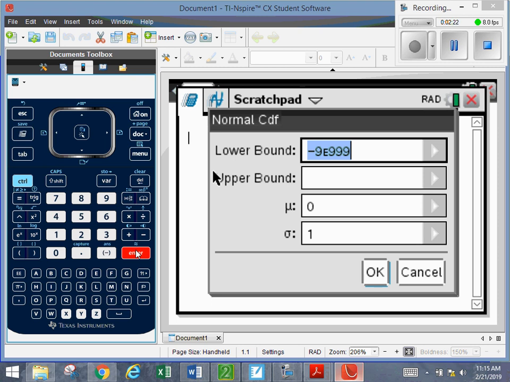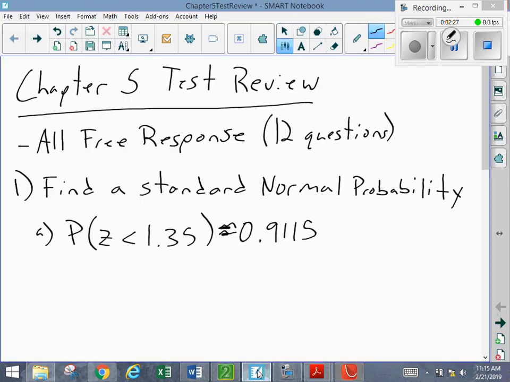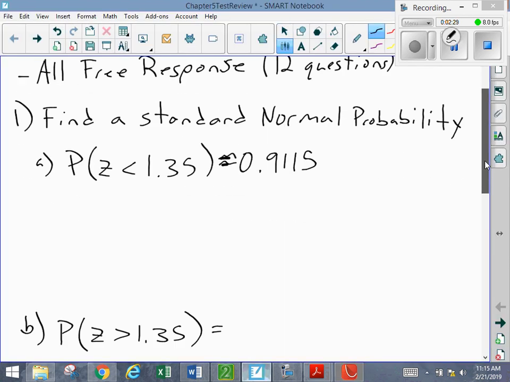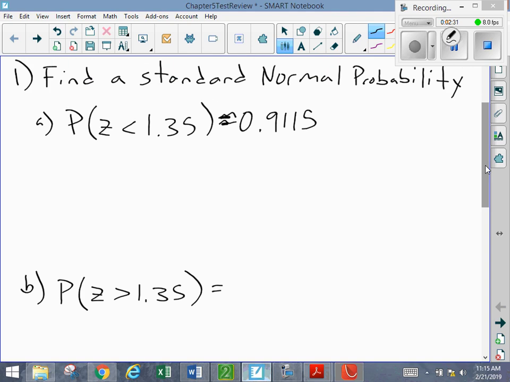My lower bound is going to be that, because let's look at the picture of it. Our normal distribution is like that, and our mean is right in the middle at 0. And we have a standard deviation of 1.